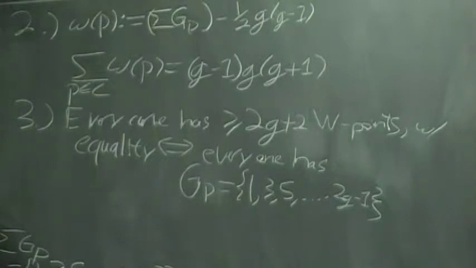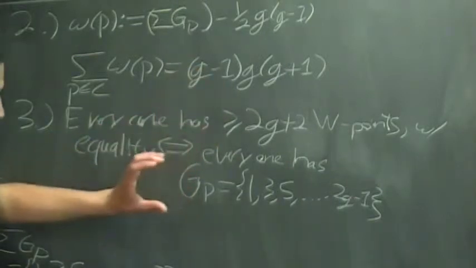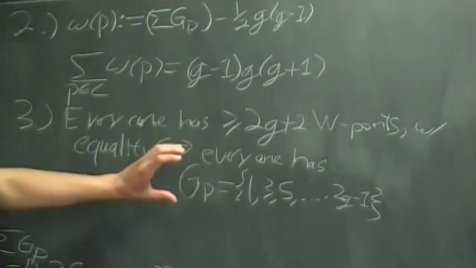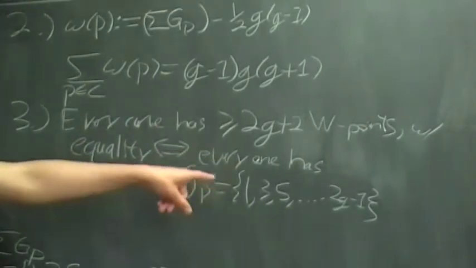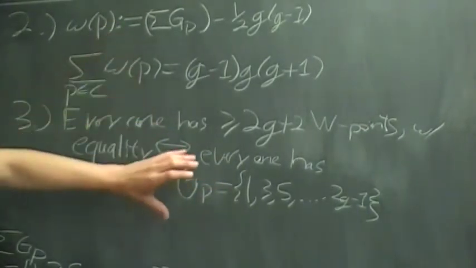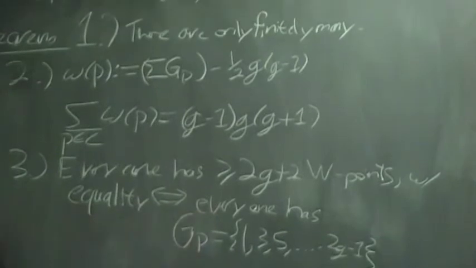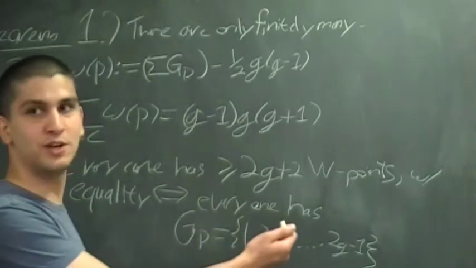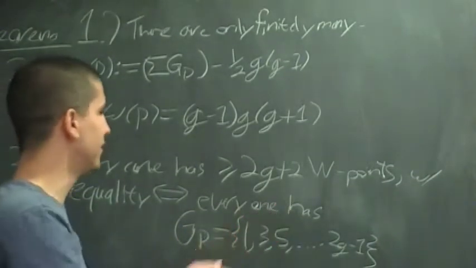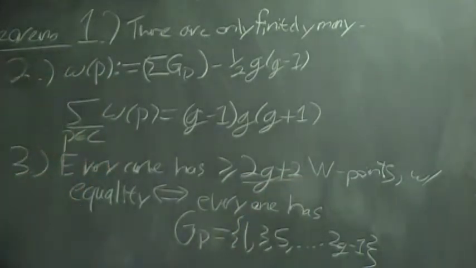So if you have any point that is not of this form, you'll have a Weierstrass weight that's smaller than the largest one it's allowed to have. So you need to have extra Weierstrass points to make up for that difference. And then you'll have strictly more than 2g plus 2 of them. Wait, that multiplication seems off by like a factor of 2 or something.